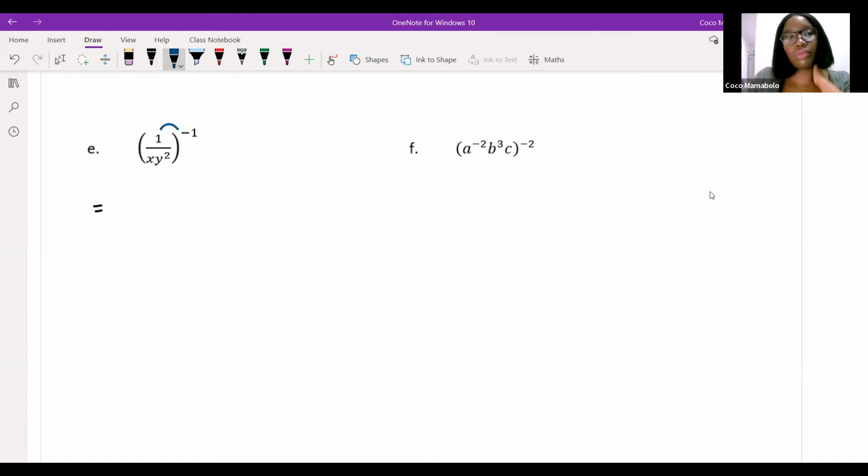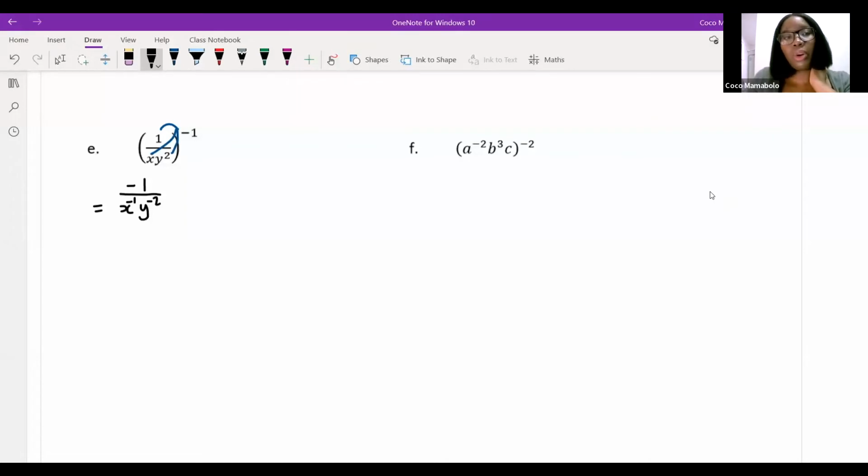And then you also times the x by the -1, and it's going to give you x to the power -1. And then also you do the same for the y, and it's going to give you y to the power -2. So then I write down -1 over x to the power 1 and y to the power -2. Okay, so this is -1 and -2.